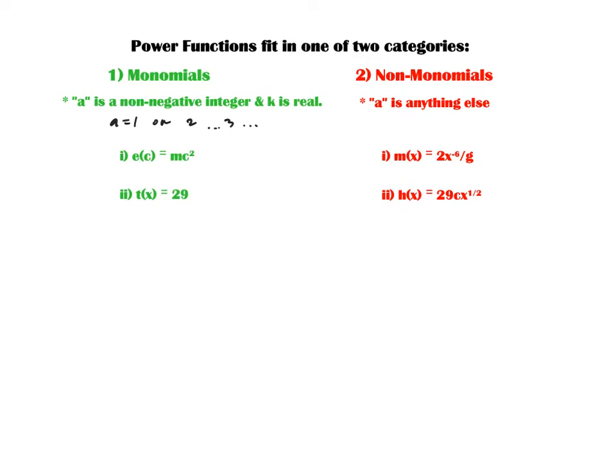So for example, in number 1, if our independent variable is c, then our constant of variation would be m, and our power would be 2. Okay, so k is real, right? That's our constant of variation. And n is 2, which is a non-negative integer. So that would be an example of a monomial.